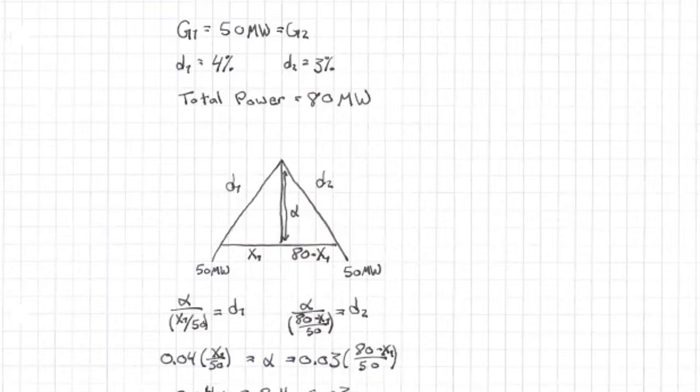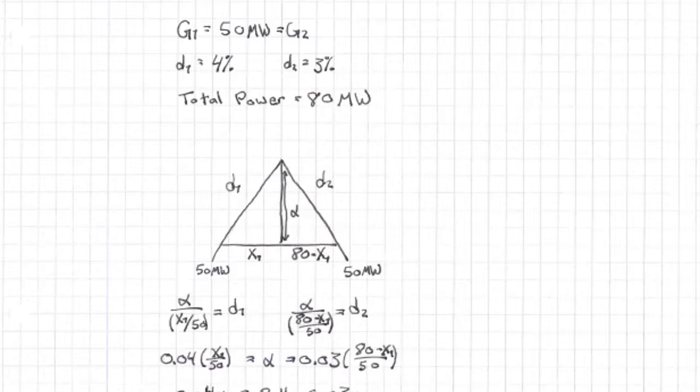On the generator 1 side, D1 equals alpha over X1 over 50, or how much of the total capacity X1 is going to use. So it's a per unit value, if you're familiar with that. On the other side, alpha over X2 over 50 equals D2, where X2 is 80 minus X1.